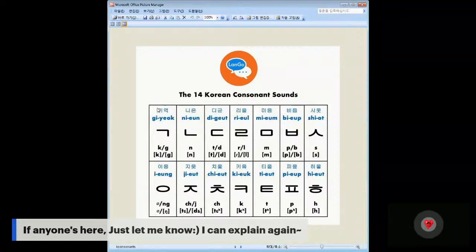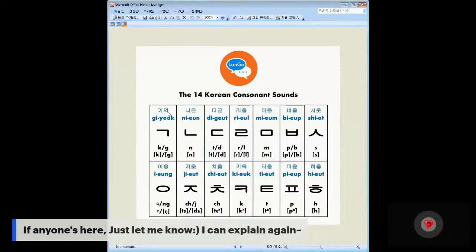So if you see its name, 기역, it starts with this consonant. It's curved a little bit, but actually this consonant, 기. A lot of students say 기 sounds like K. So I don't know, it's somewhere between K and G. 기.